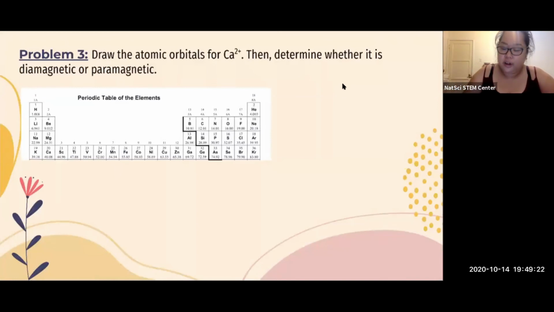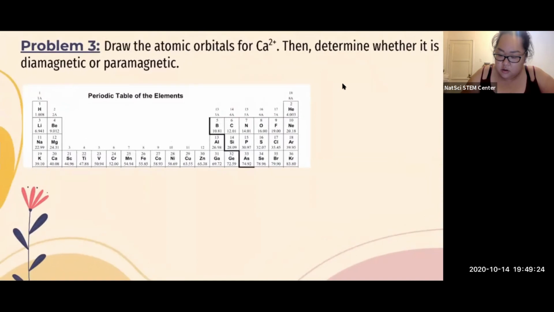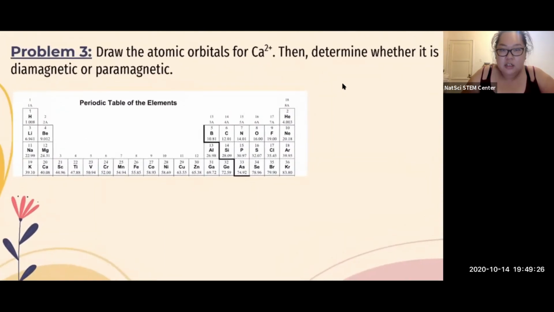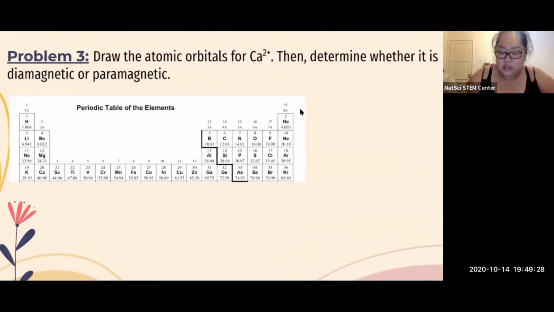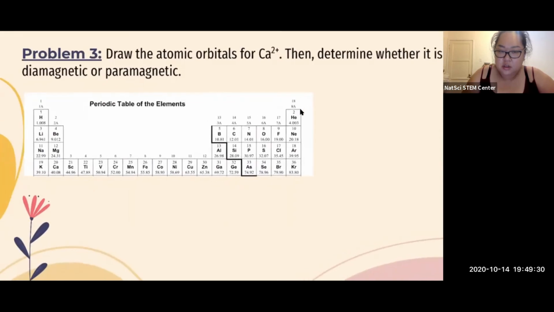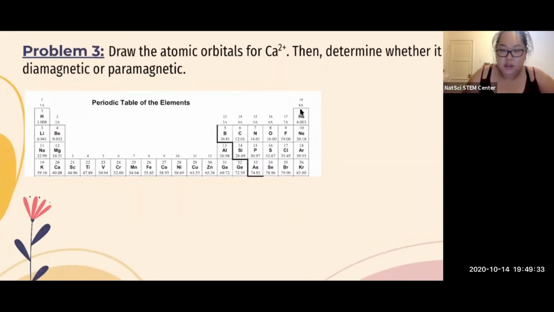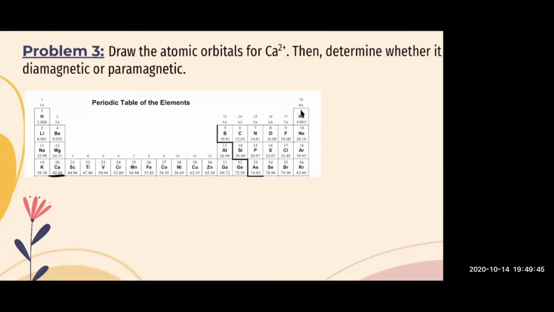You can all chime in. First is Ca2+. Can anyone tell me what the electron configuration would be? Calcium has a 2+, and it's from the 4s2. What would it be?